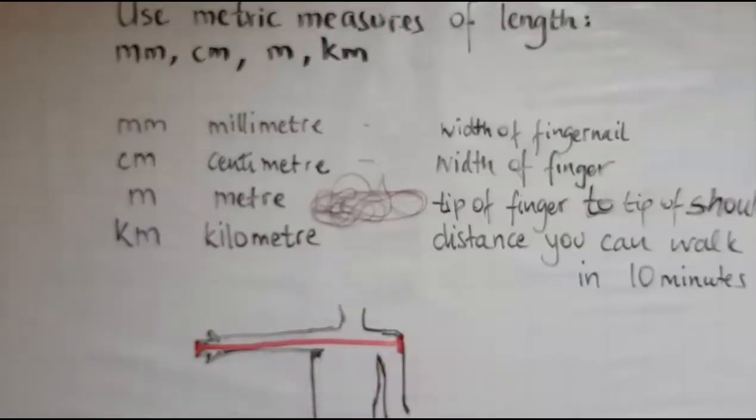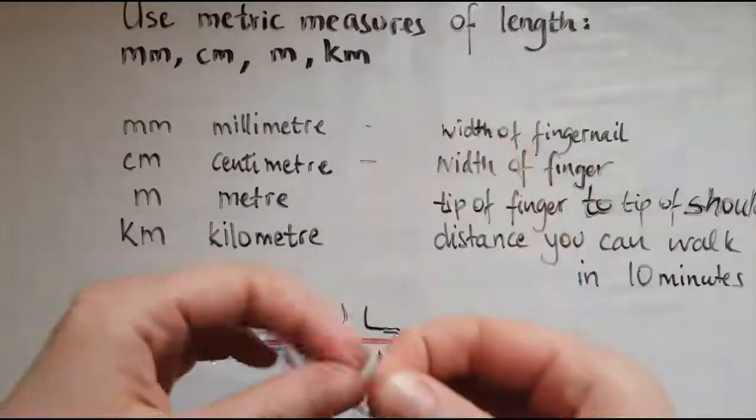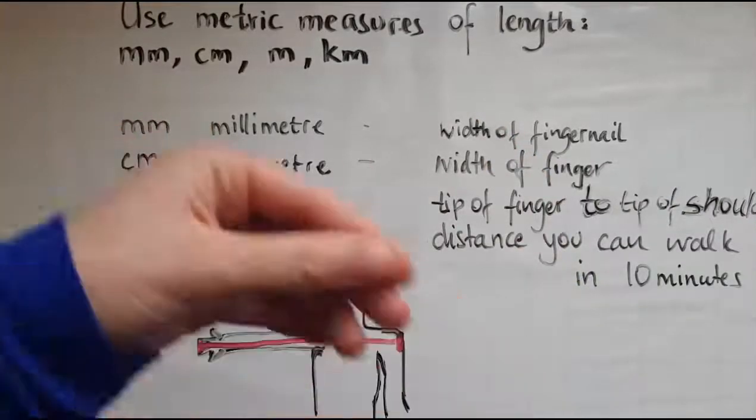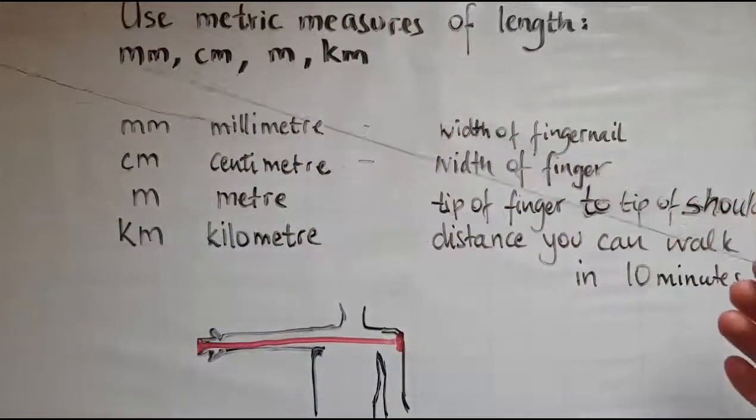So this is the shoulder, this is one arm, and this is the other. From the tip of the finger on one side to the shoulder on the other side, that is about how long a meter is. So I've tried to cut this string. That is 1 meter long.